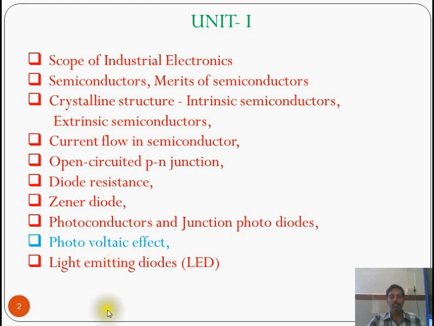And then the current flow in semiconductor, open circuited PN junction, diode resistance, then special semiconductor devices, the zener diode, photoconductors and junction photodiodes, along with the photovoltaic effect and light emitting diodes, that is the LED. These are the topics which we are going to discuss in unit 1.